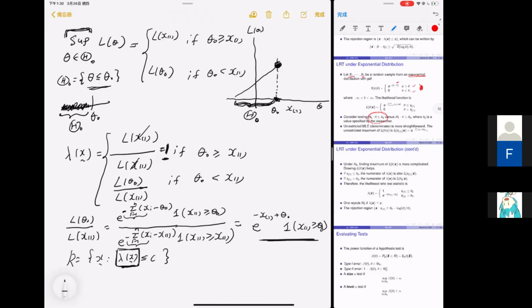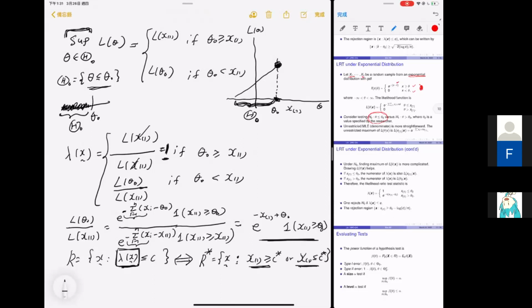But I can find an equivalent region R star using some easy statistics, especially the MLE. The MLE is what? X1. Then I'm going to find this guy is bigger than c star or x1 smaller than c star. I don't know which one.